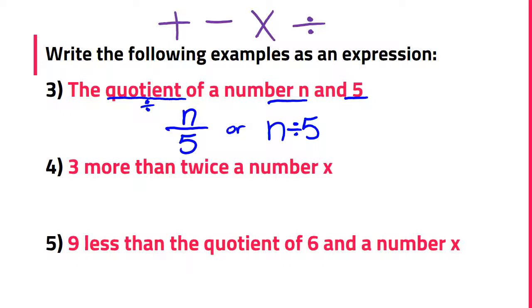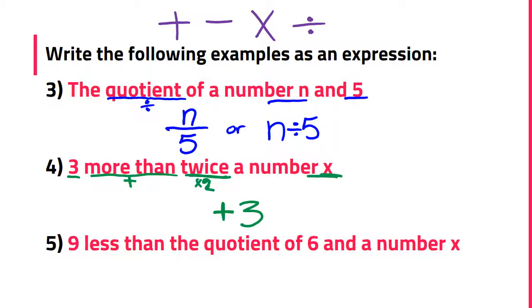Let's look at the next example. 3 more than twice a number x. 3 more than, what does that mean again? Plus. 3 more than twice. What is twice? How do we find twice something? Twice something means we take it times 2, right? A number x. X is my variable. So 3 more than, we're adding on 3.